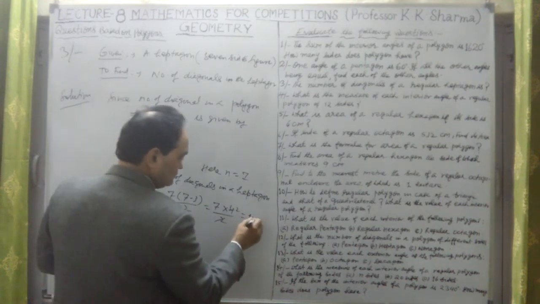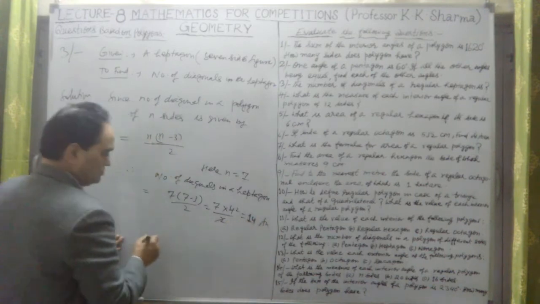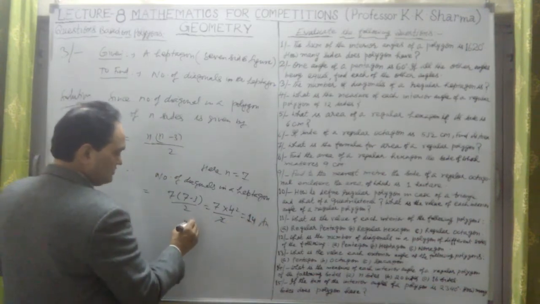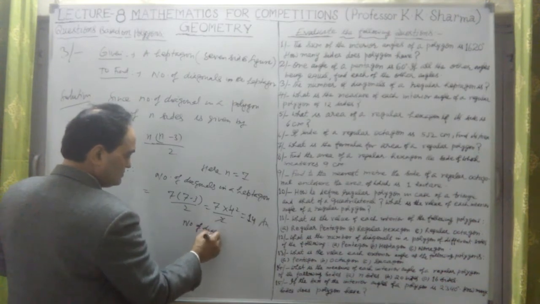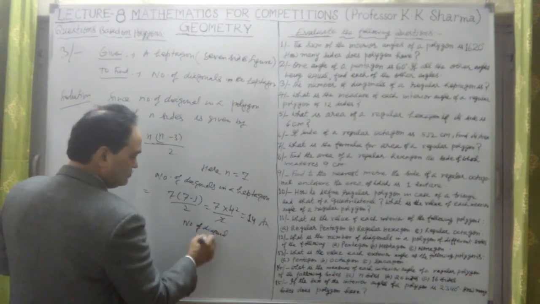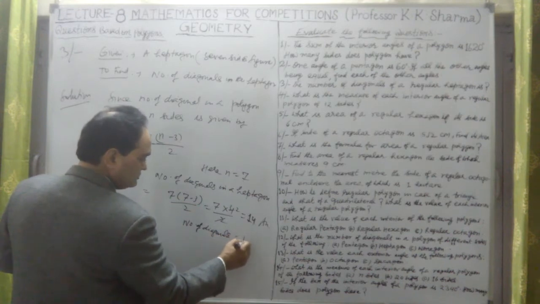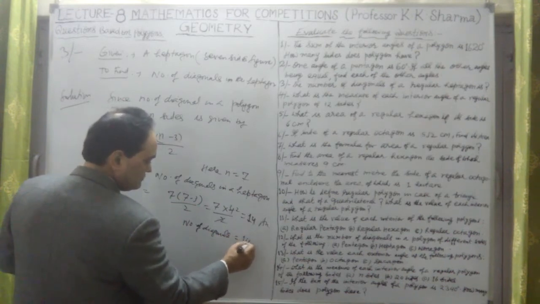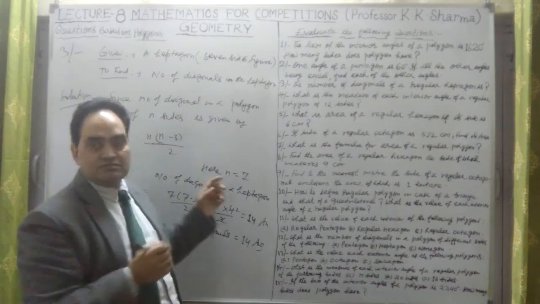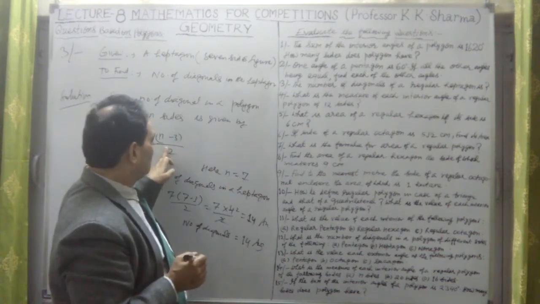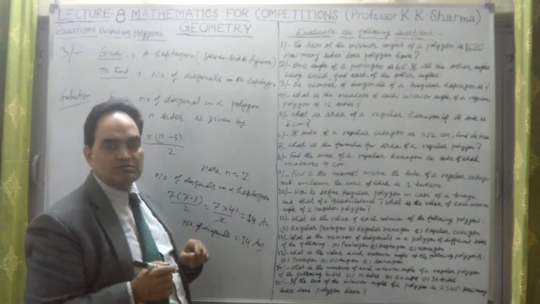So this is the answer here. In this case, the formula must be known. Here n is 7 because a heptagon has 7 sides.